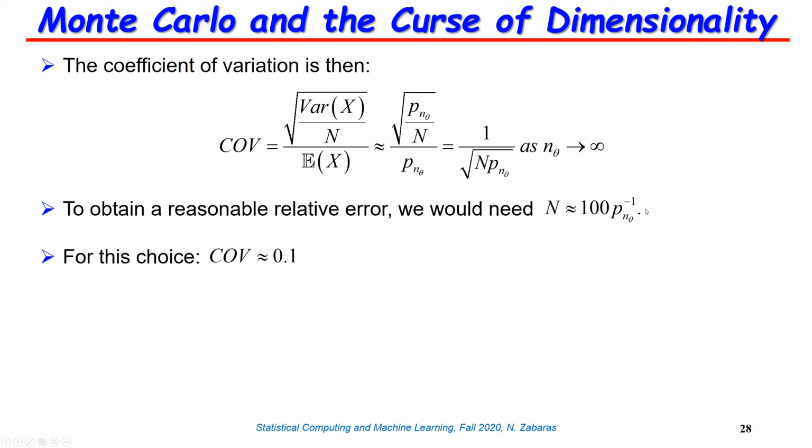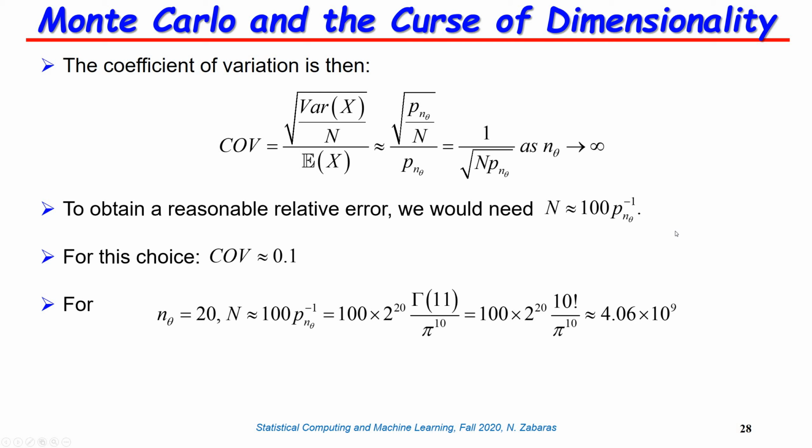So let's evaluate what this number is all about. For, let's say, 20 dimensions, if you use the formulas I gave you before on the previous slide for the probability that you will hit the hypersphere, and you do the algebra and you calculate the gamma function that comes in the volume of the unit hypersphere, it turns out that the number of samples that you will need to get a coefficient of variation 0.1 is now 10 to the 9th.